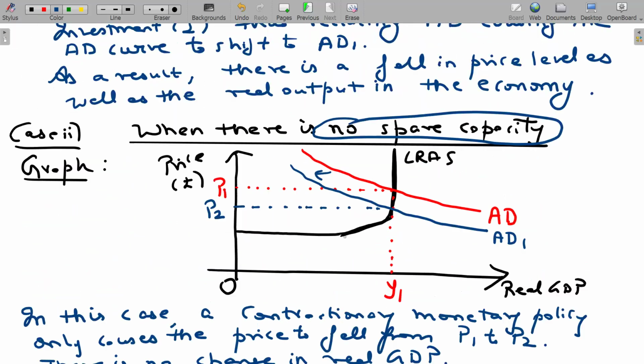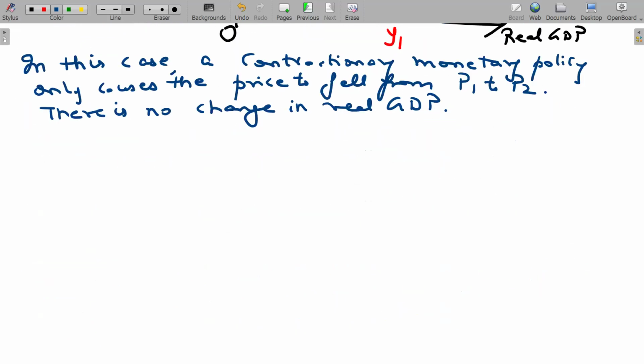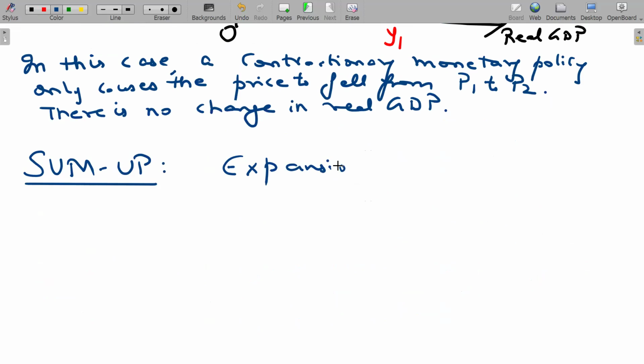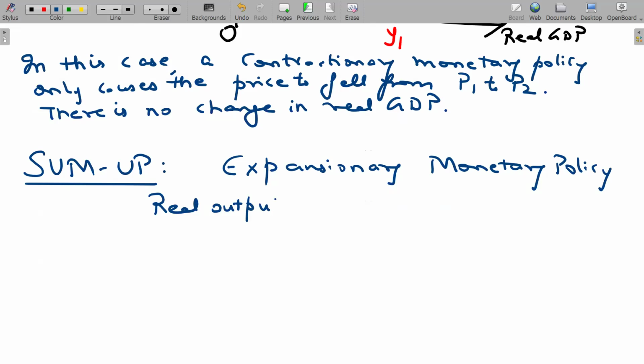Okay, so I hope students have understood this lesson on the impact of expansionary and contractionary monetary policy. Okay, if I sum up quickly, expansionary monetary policy will cause the real output to rise and prices to rise when there is spare capacity.